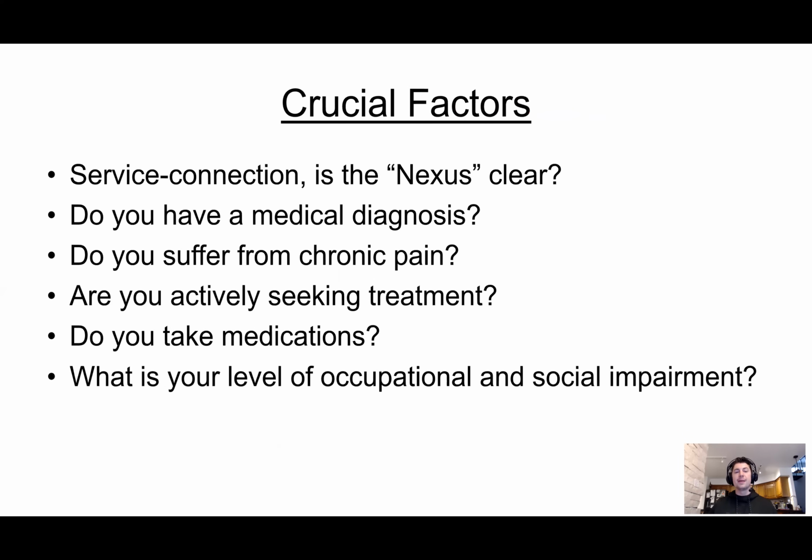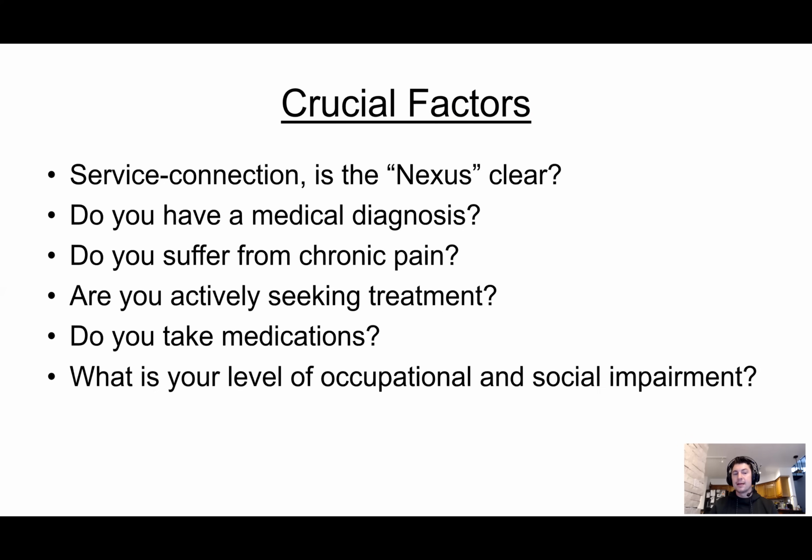Crucial factors, be thinking about these things all the time, not just with somatic symptom disorder, but with all VA claims, is the service connection piece. Is the nexus clear? What if you're still not sure what service connection is? Think about the last time you logged into your eBenefits account and you see the myriad of disabilities listed there, and my guess is many of them say not service connected.